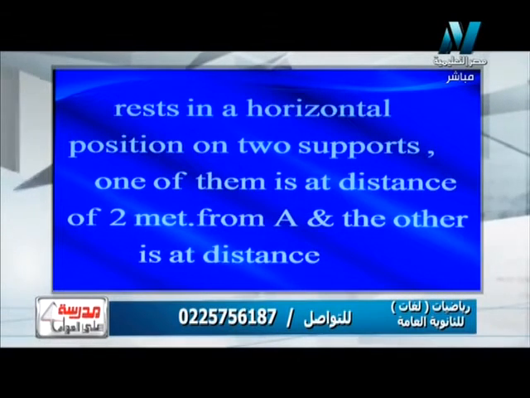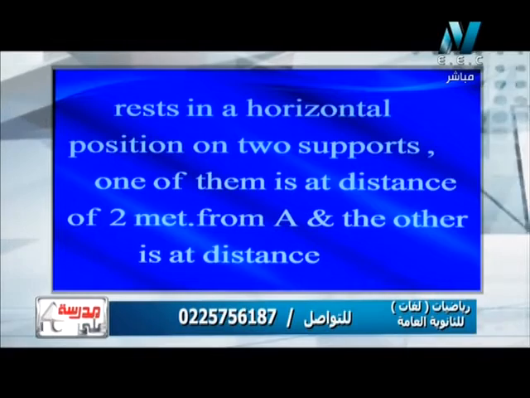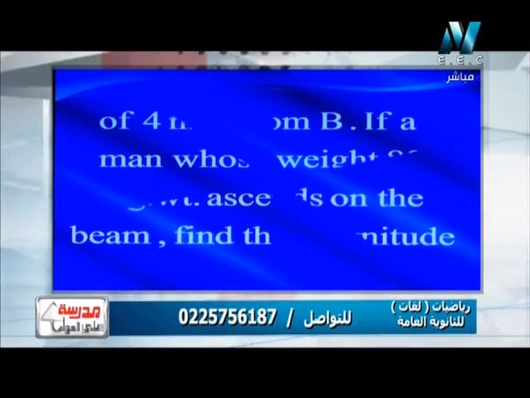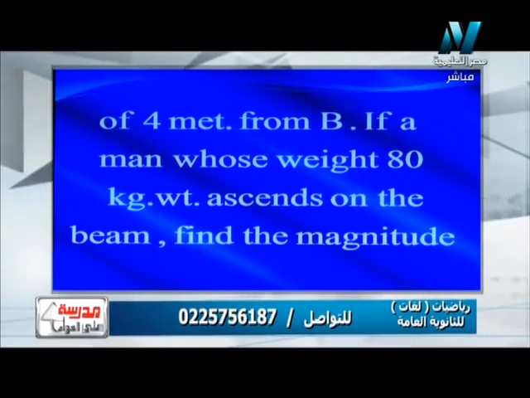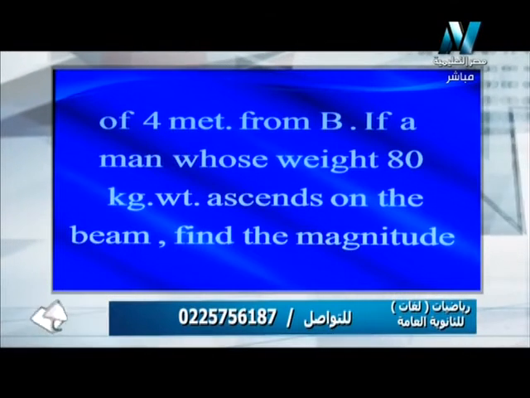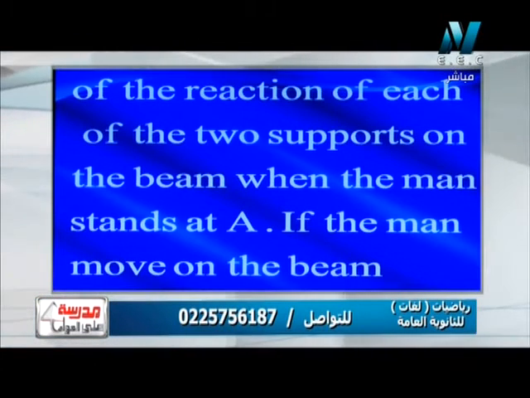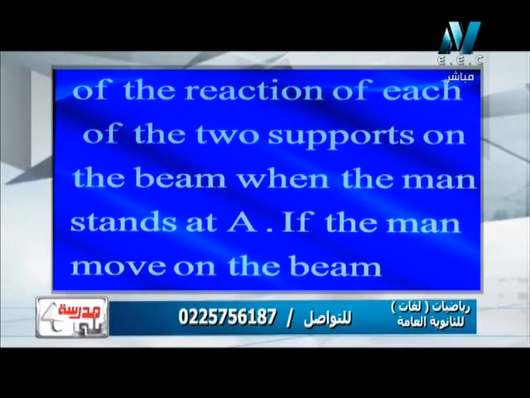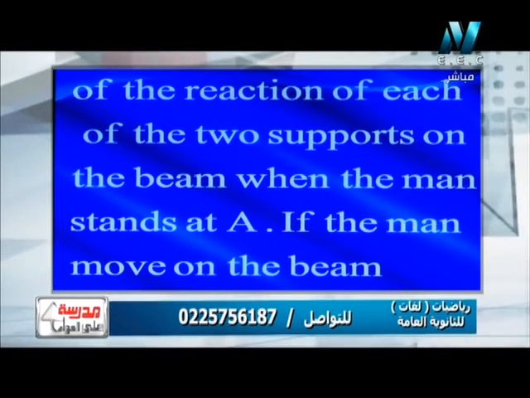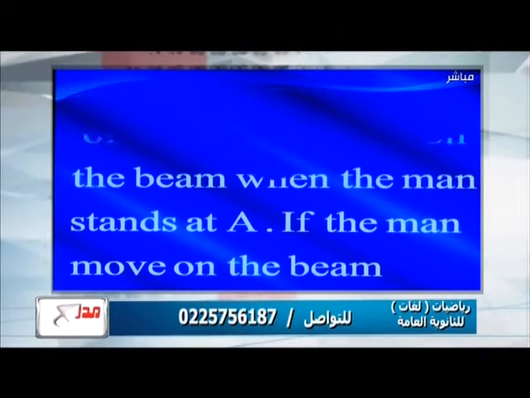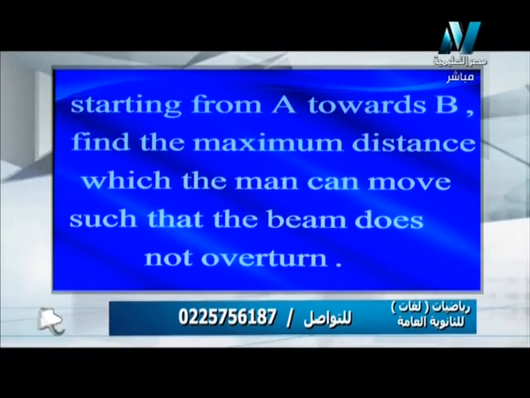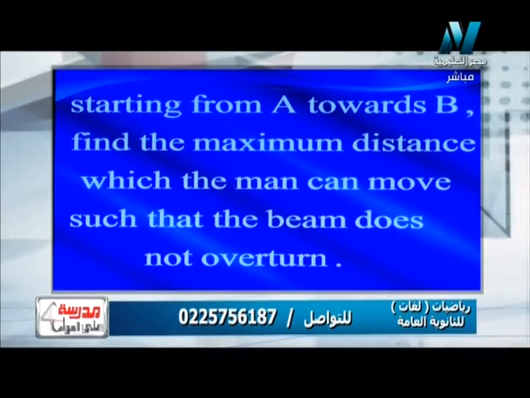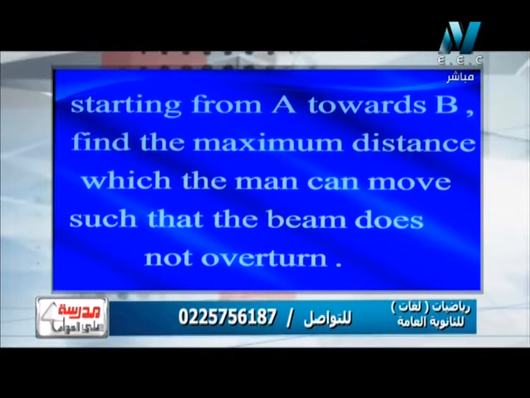One of them is at a distance of 2 meters from A and the other is at a distance of 4 meters from B. If a man whose weight is 80 kilogram weight ascends on the beam, find the magnitude of the reaction of each of the two supports on the beam when the man stands at A. If the man moves on the beam starting from A toward B, find the maximum distance which the man can move such that the beam does not overturn.